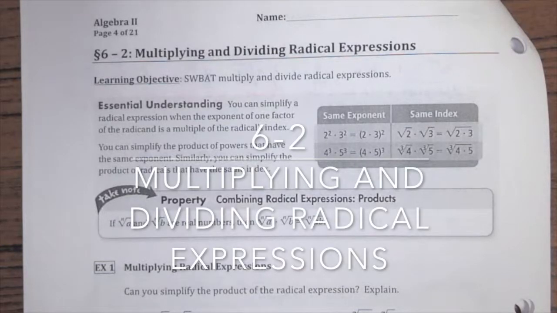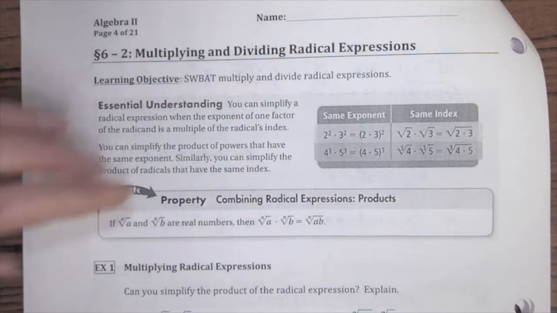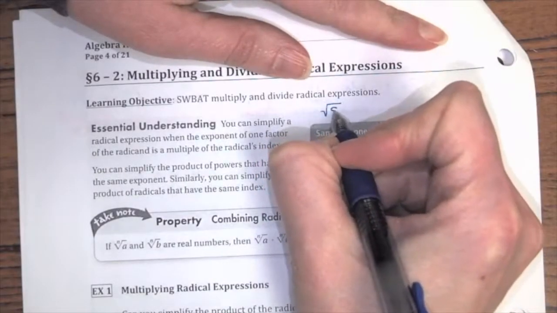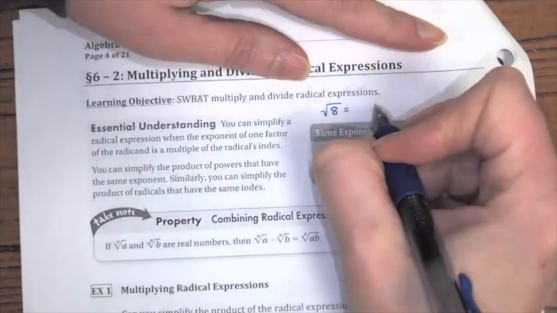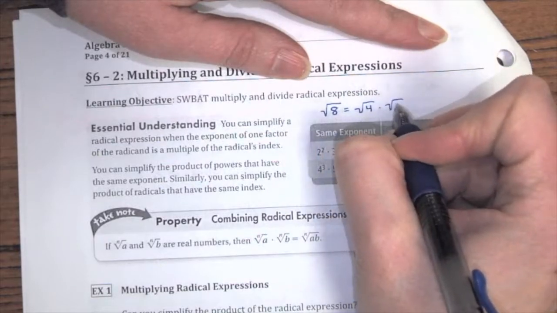Okay, so we're going to be multiplying and dividing rational expressions today, and we're going to do this using our product rule. And you've used the product rule already earlier this semester, because remember, when you wanted to simplify the square root of 8, you split it up into the square root of 4 times the square root of 2.